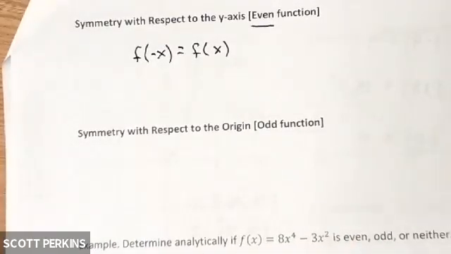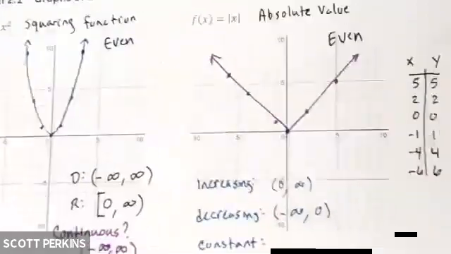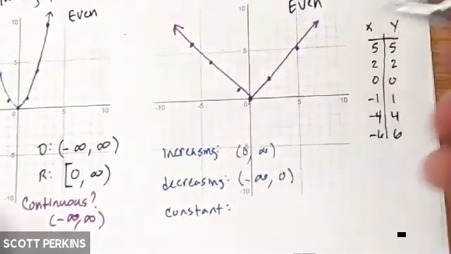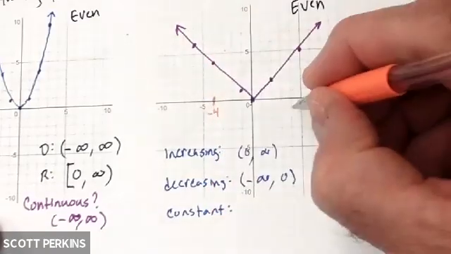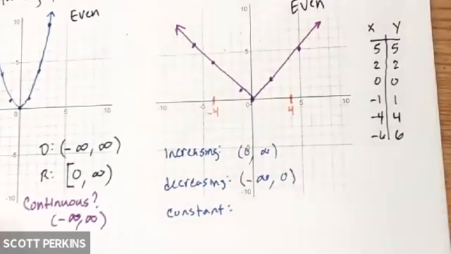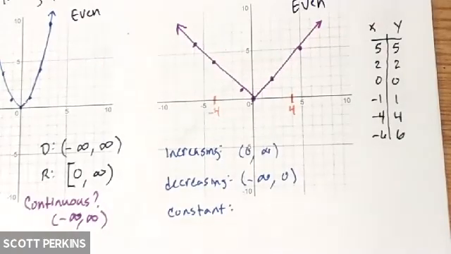Let me point out what this definition is saying on the absolute value graph. So here is -4, and here is +4. I've gone the same distance in the negative and the positive direction. So if it's even, if it's the same thing on both sides of the y-axis, then I should have the same exact y value.